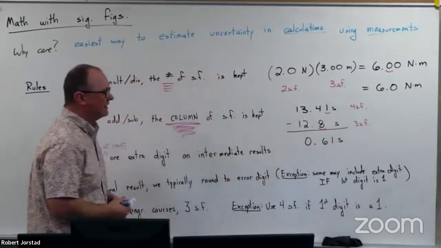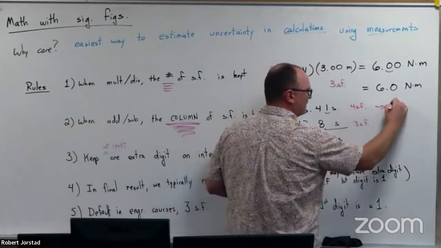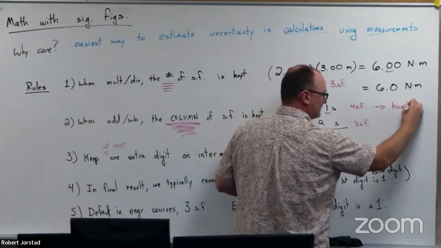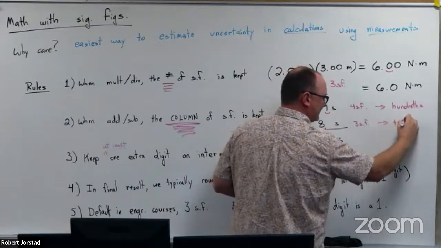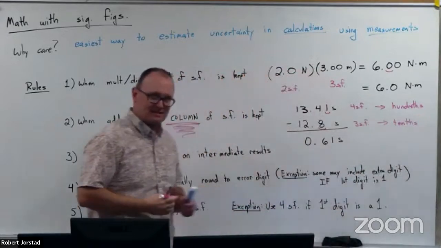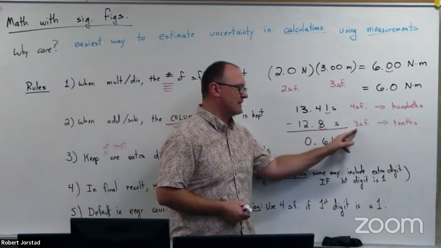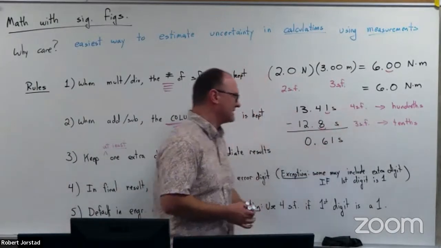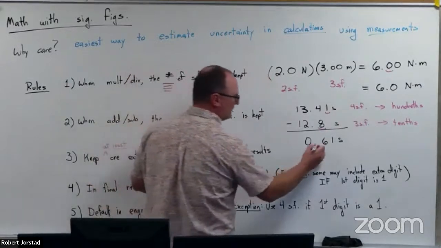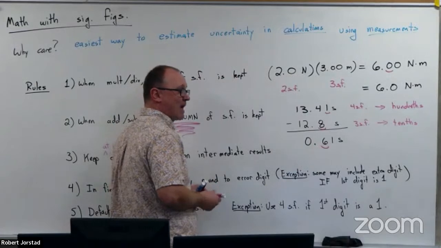So here, I could also say this is good to the hundredths. This is good to the tenths. Which one of these is crappier? The tenths column, not because it's 3 sig figs, but because it's only to the tenths column. So in this case, I would actually keep only to the tenths column. How many sig figs? 1.